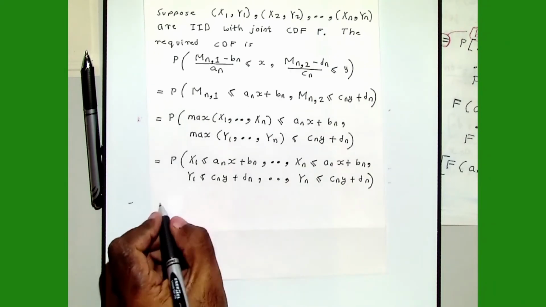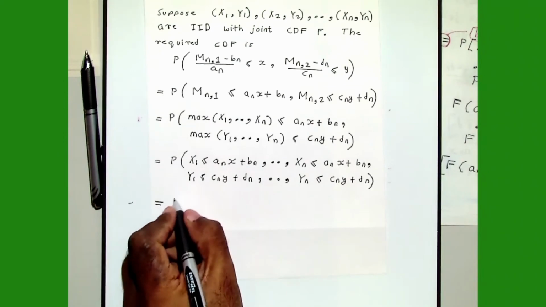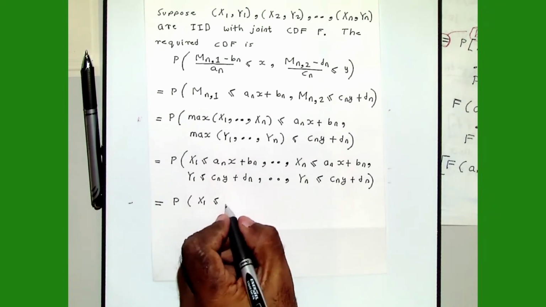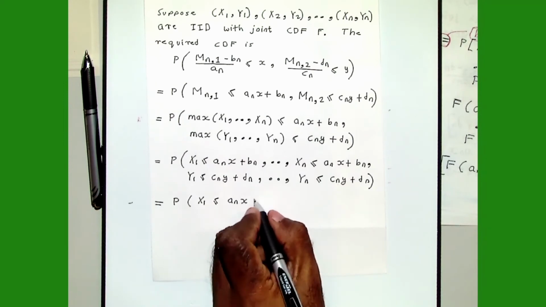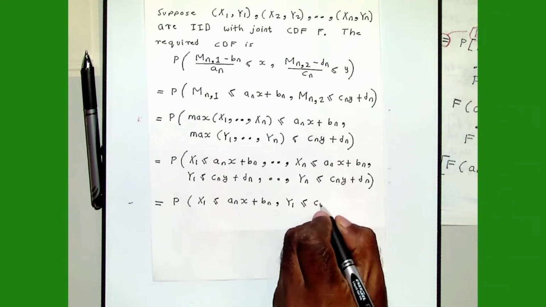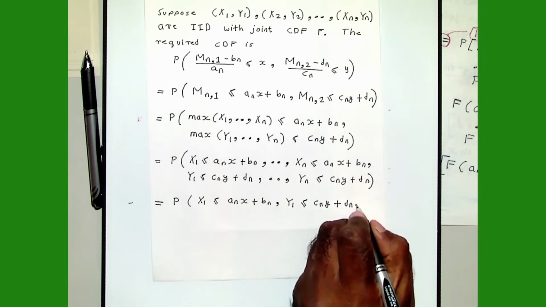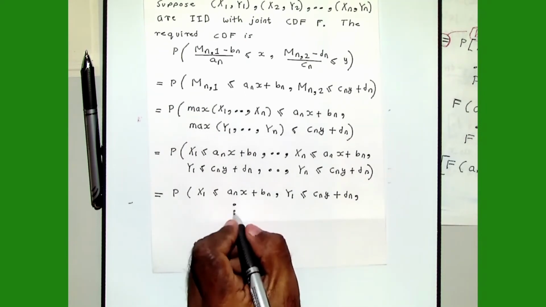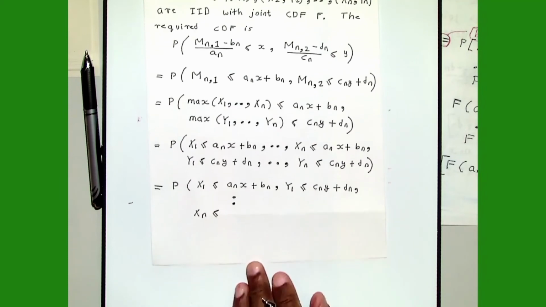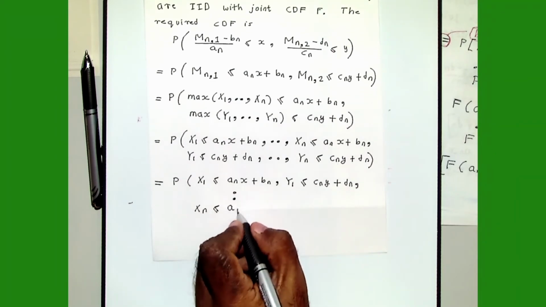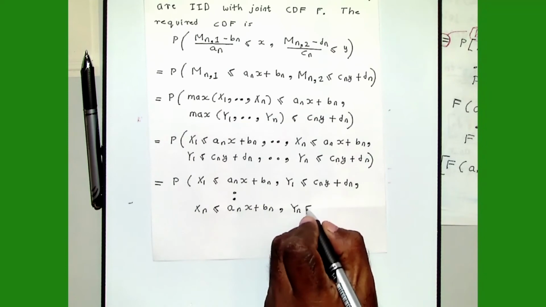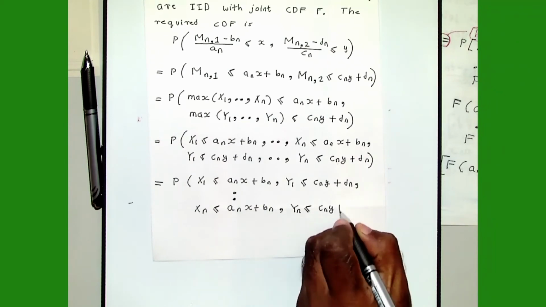So I'm going to write this as the probability that x1 is less than or equal to Anx plus Bn, y1 is less than or equal to Cny plus Dn, until xn less than or equal to Anx plus Bn, yn less than or equal to Cny plus Dn.